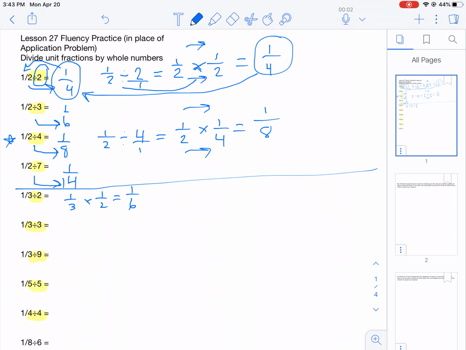So 1/3 divided by 3 is the same thing as saying 1/3 times 1/3, the reciprocal of 3/1, which equals 1/9. 1/3 divided by 9 is the same thing as saying 1/3 times 1/9, which gives us 1/27.